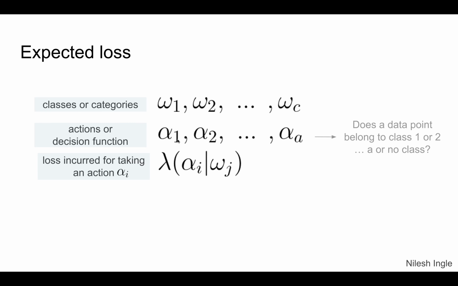An action or decision function is the act of classifying a particular vegetable as either carrot or turnip, or not classifying it in either of those two classes because maybe it's an apple. So it's just the action of taking that step to classify something. And then the loss is given by lambda, and that is based on alpha given the class omega j.